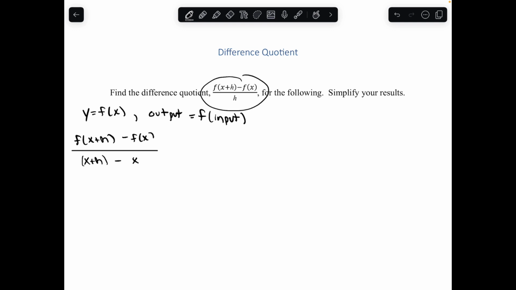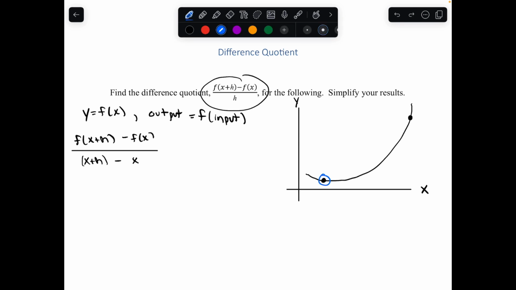Now, let's get an idea of what this is actually saying. To do that, I'm going to draw a graph. Okay, so I've got myself some graph, and I want to label a couple of things. Let's label this point that I just circled in blue.